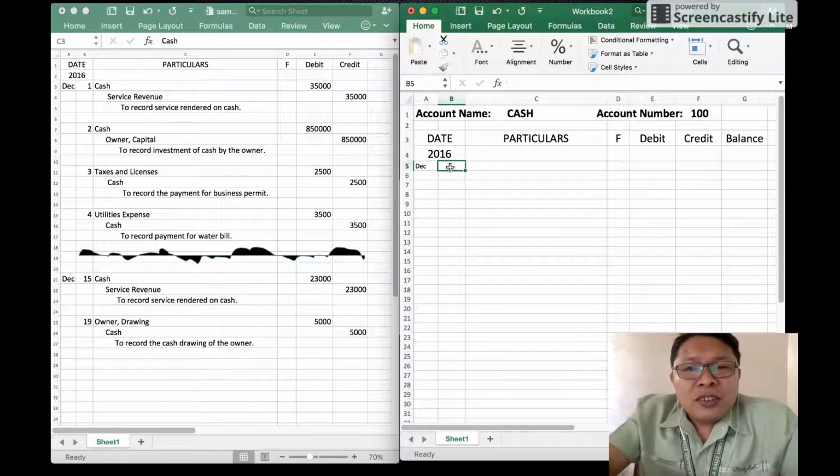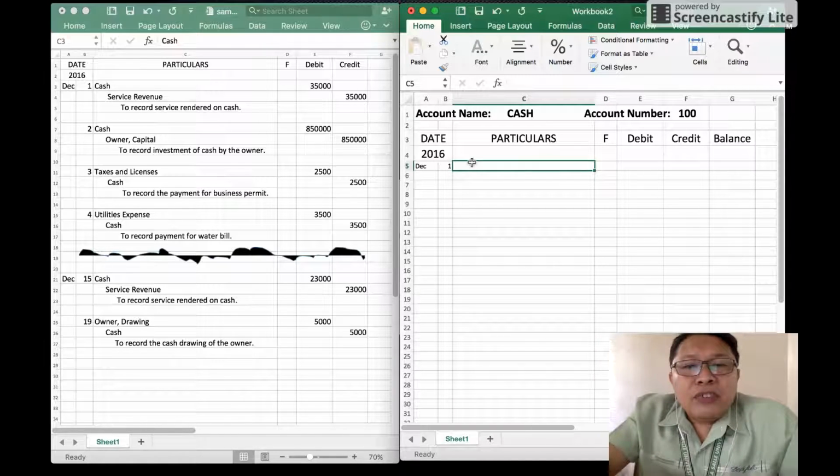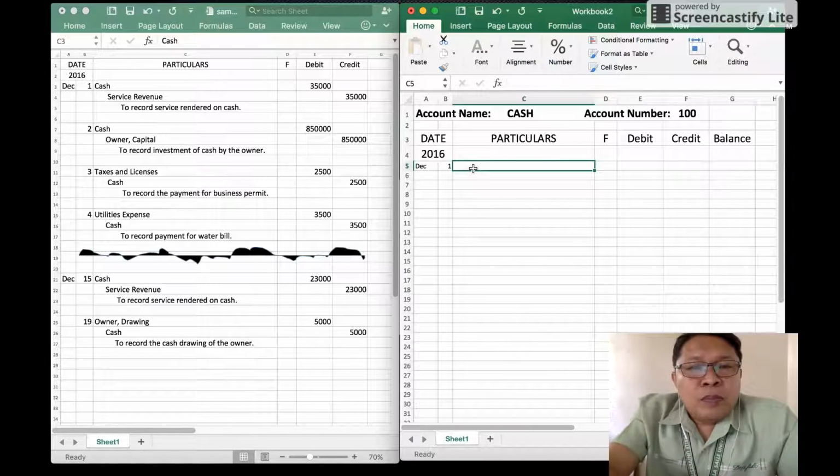This is just similar to writing in the general journal. The rule is the same. We write here that it happens on December 1. And the reason why we received cash is because we rendered service for cash. So we write on the particulars: rendered service.